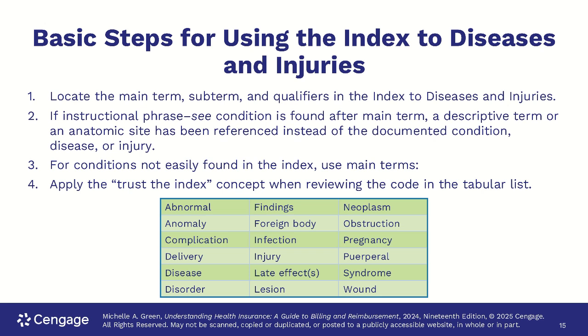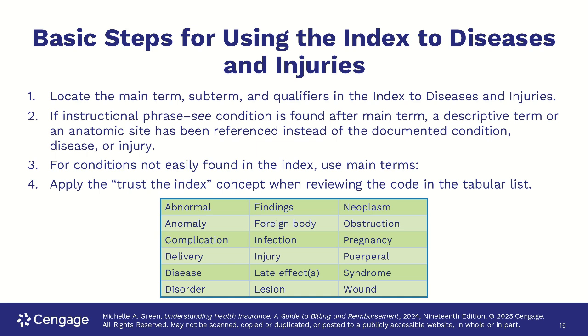So, for example, if you see condition, that tells you you're not looking up conditions. And so that should be a mental note like, hey, I got to start looking up conditions and not body parts because it keeps telling me to see condition. Of course, like anything else, the more you practice, the easier it becomes.